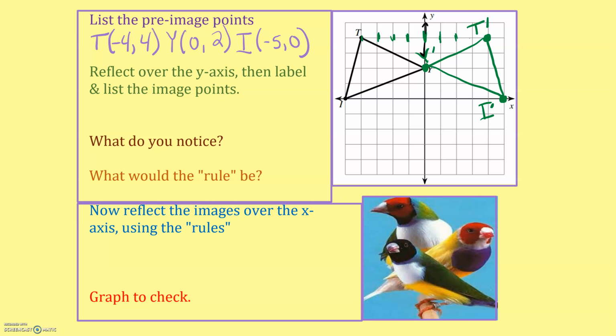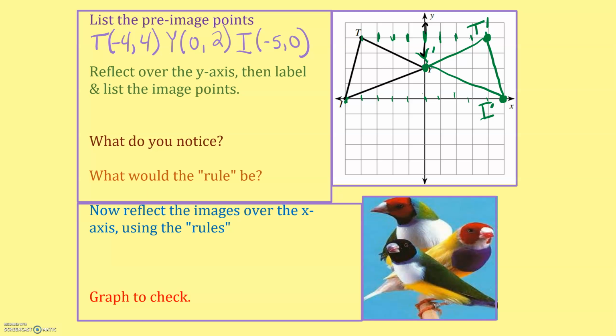So 1, 2, 3, 4. That's how I did that point. If I'm at 0, and I fold it right there, that folds it right on top of itself, so it doesn't move at all. If I go to the I, I understand that it's 1, 2, 3, 4, 5 to the left, so I'm going to move it from that y-axis 1, 2, 3, 4, 5 to the right.